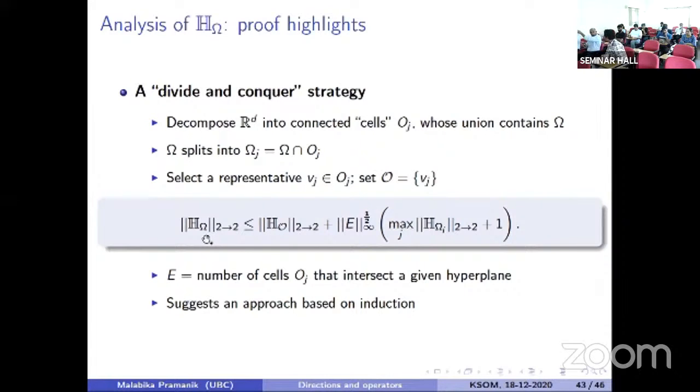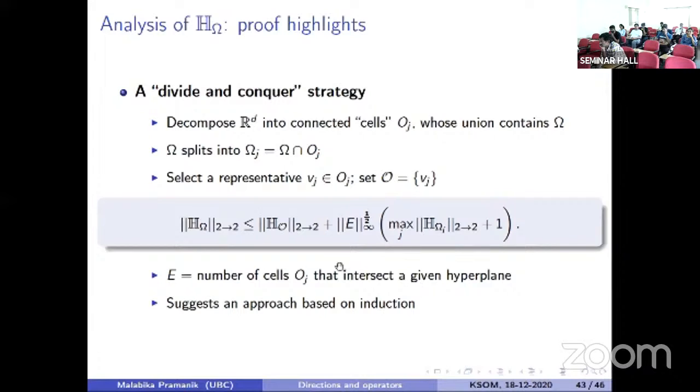The almost orthogonality principle says that the L2 operator norm is bounded above by the norms of H_O and H_{Omega_j} modulo an auxiliary quantity E that denotes the number of cells O_j that intersect a given hyperplane.